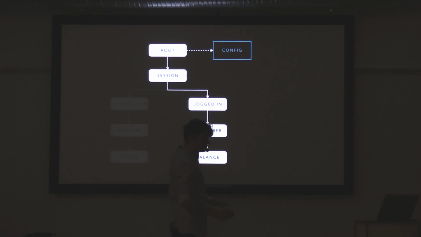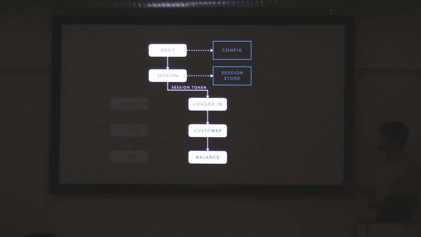So let's take a look at things which are present there. The root might keep a reference to config, depending on how our app is generally configured. Our session keeps a session store. This is where the login writes the credentials or the session token.